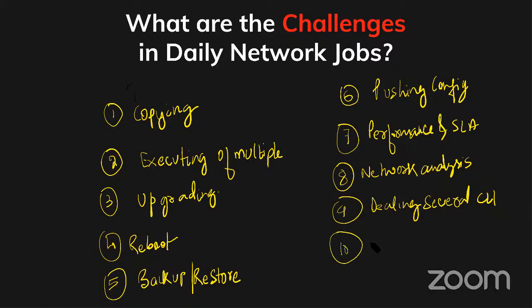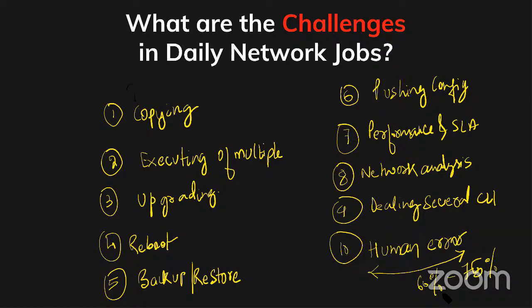And the most important is human error. As per the survey, 60% to 75% of your change window issues occur due to human error. Let's say you are given 10 different change requests to be done on a weekend basis.